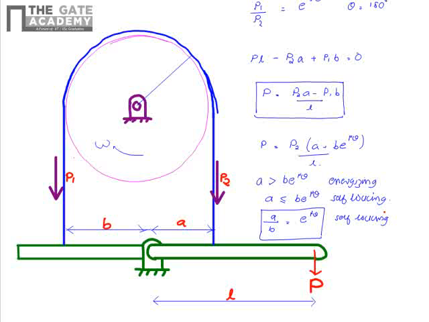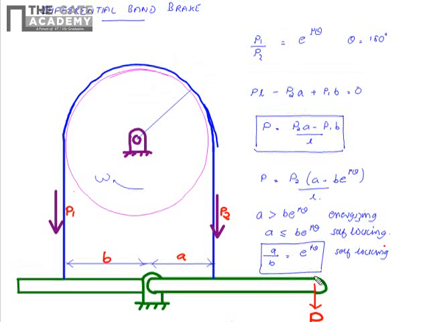In this relation, we are getting P into L. P into L is this clockwise moment, and minus P2 into A because the tension acting is this way. Therefore, force acting on this lever will be directed this way. So your P1 and P2 will be acting like this on the lever.